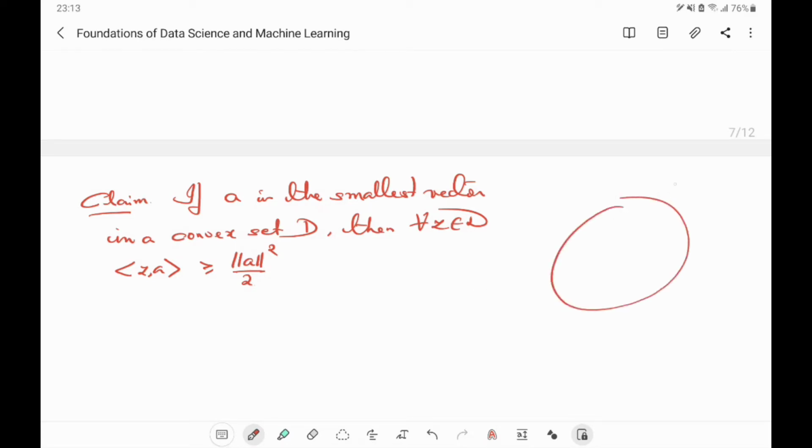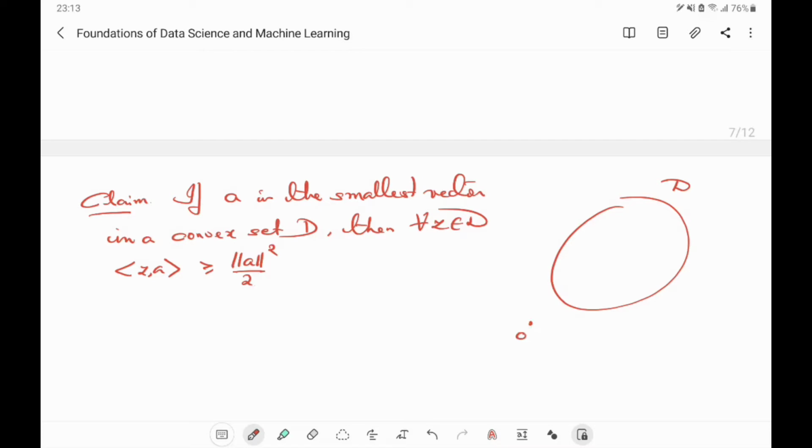So this is your set D. By the way, we should also say, if D contains the 0 vector, then A is also the 0 vector because that has the smallest norm, and then the inner product of Z with A is 0, and we are just saying that 0 is greater than or equal to 0. There is nothing interesting here.